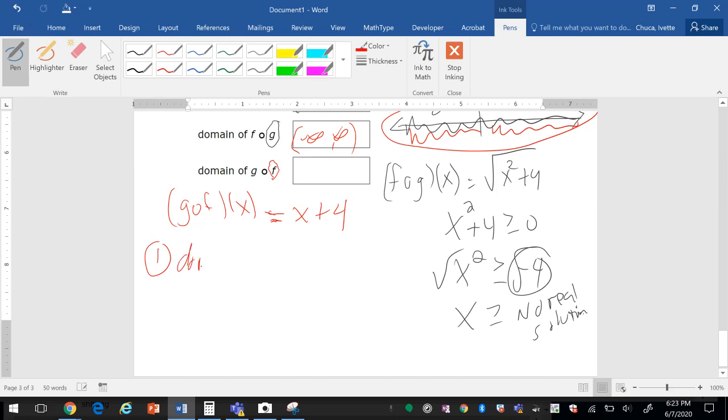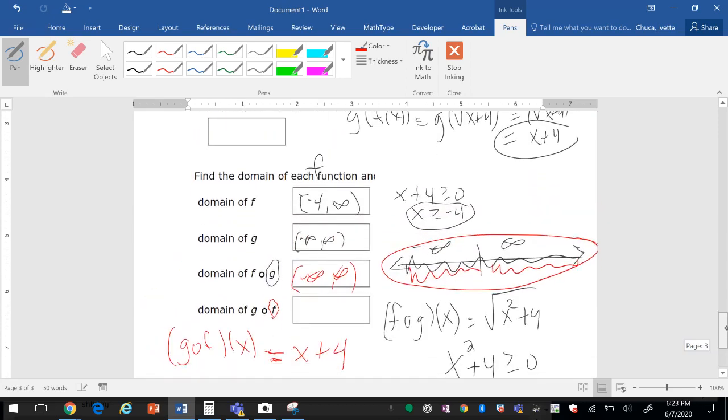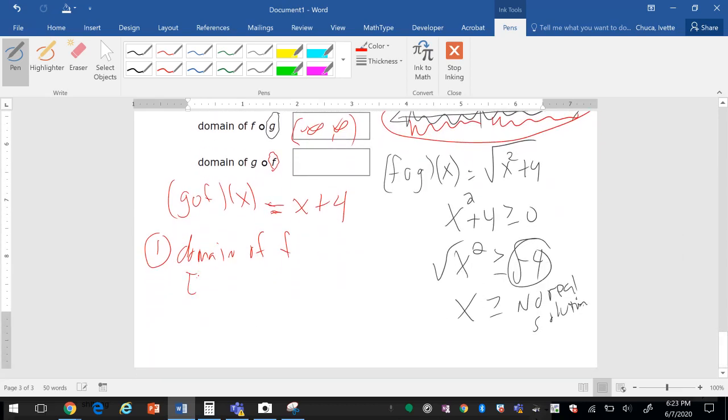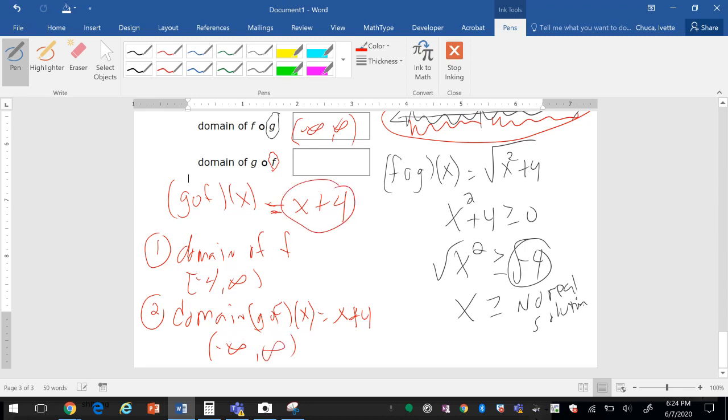So the domain of f was -4 to infinity. Okay. And then number 2, you want to look at the domain of your answer, g composed of f of x. And that domain is -infinity to +infinity, since it's a line.